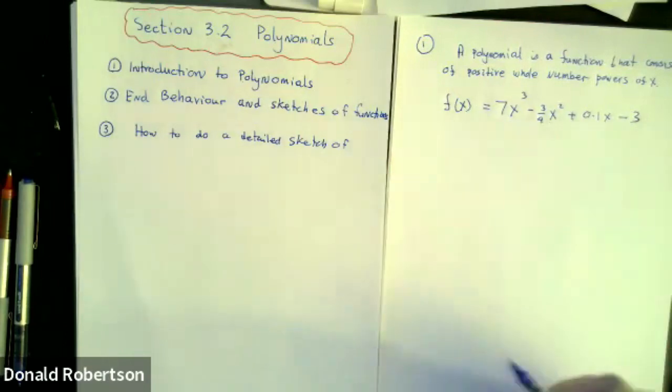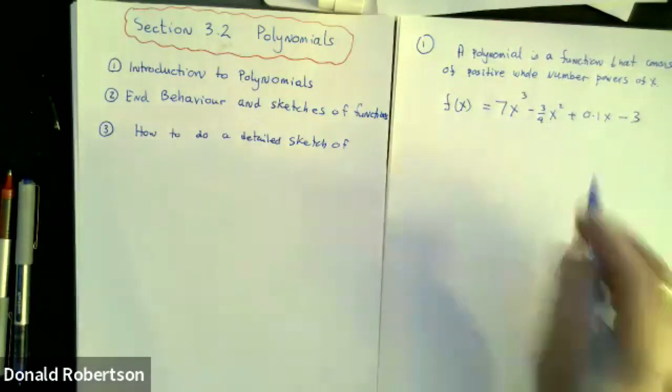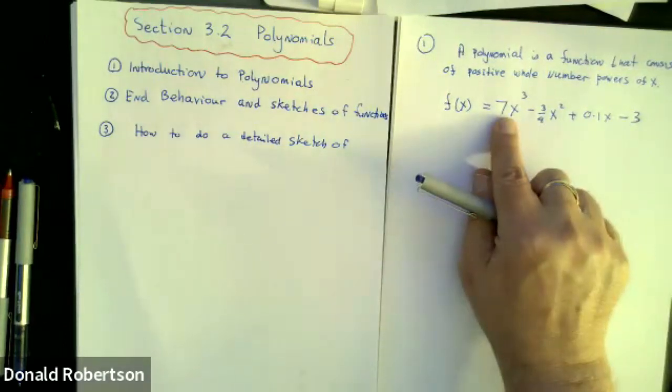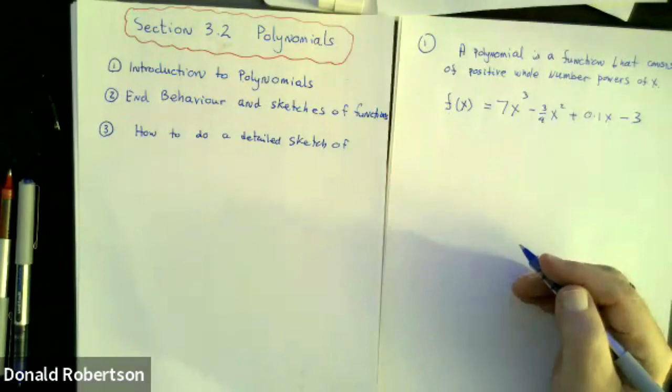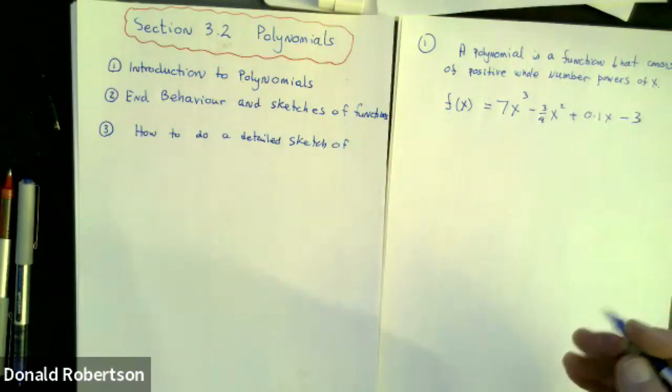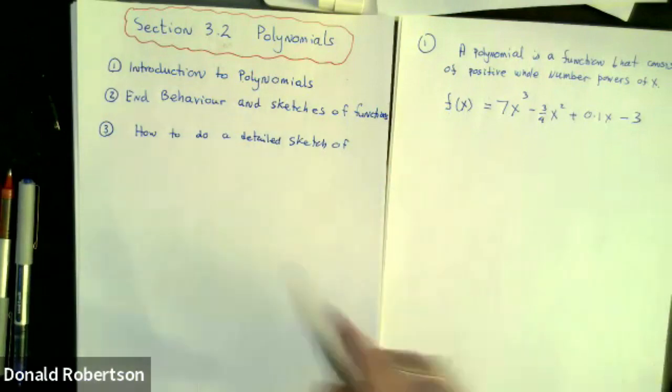This is typically how a polynomial should be written, from the largest power of x down to the smallest. Since this is an introduction, what we're going to be doing right now is looking at this and getting you used to the terminology.